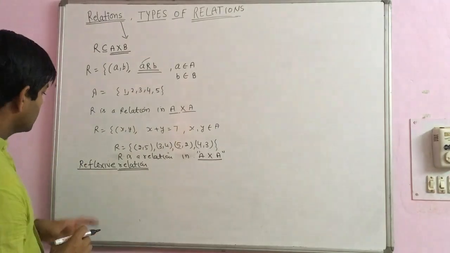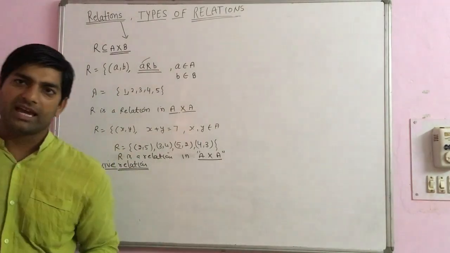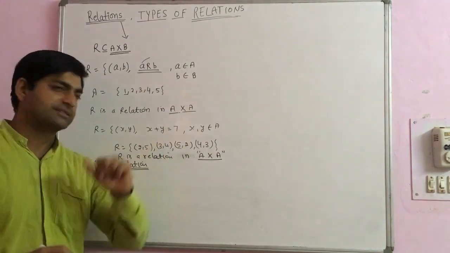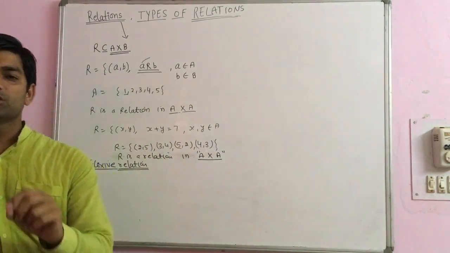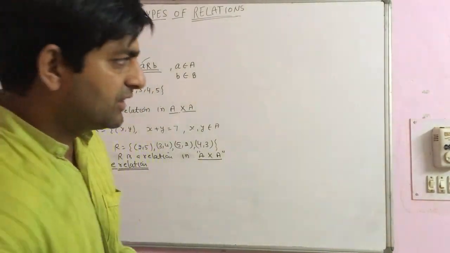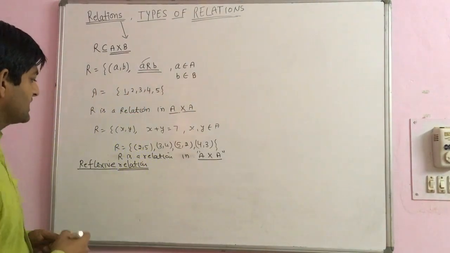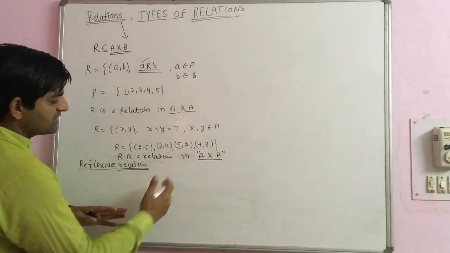Reflexive relation means a relation is said to be reflexive when every element of the set A is related to itself. When it is related to itself, what does it mean?